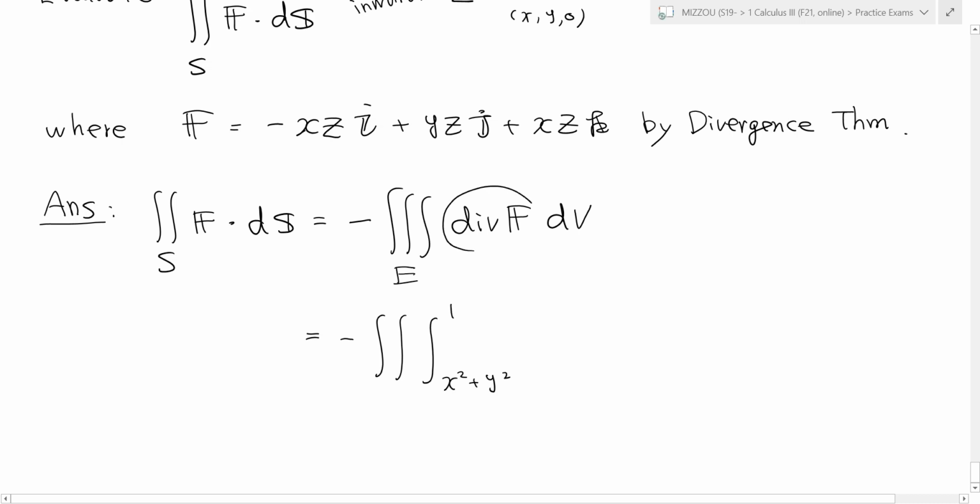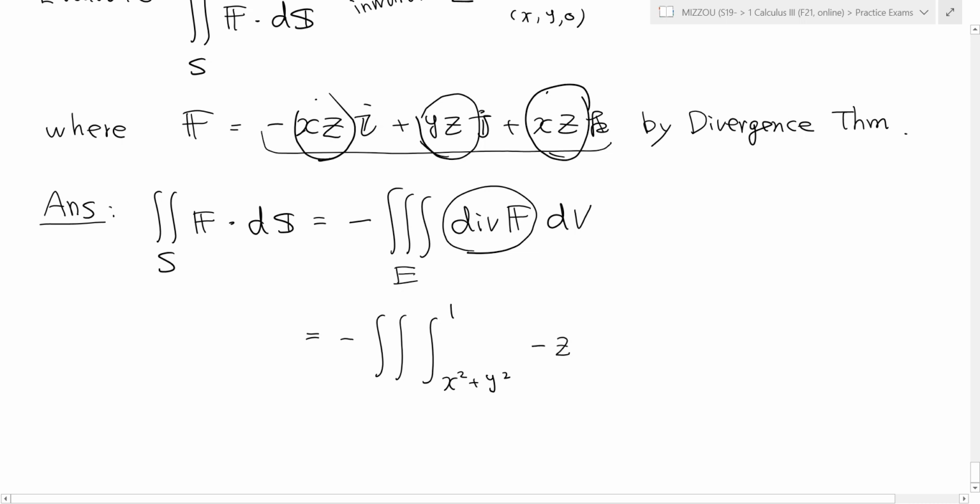Now, what's the divergence of f? Well, you just compute the divergence. Namely, you differentiate each component with respect to the corresponding variable. In this case, you differentiate with x, you get z plus z and plus x dz dA.